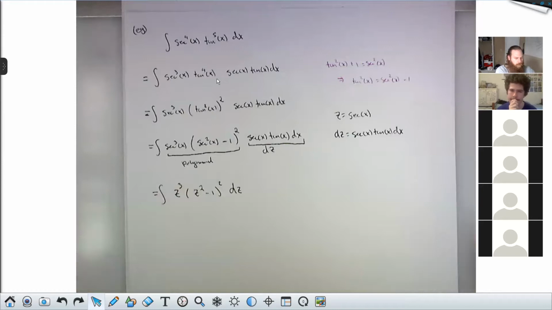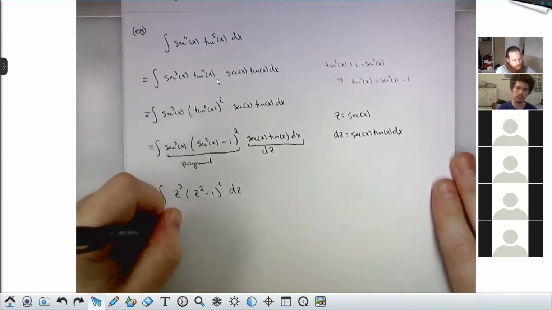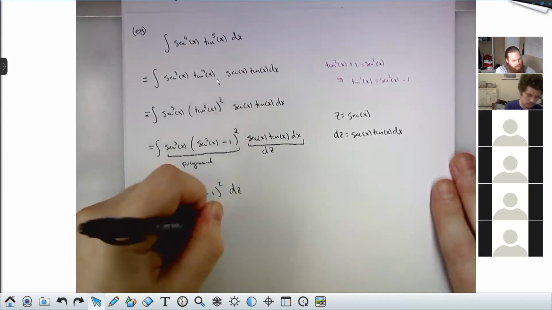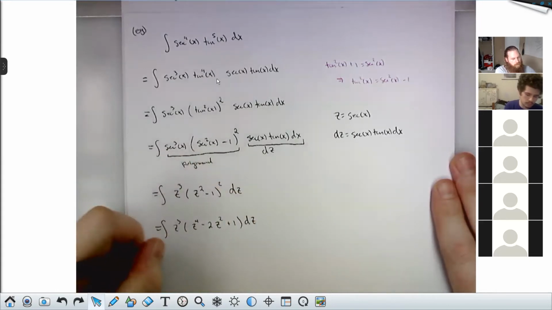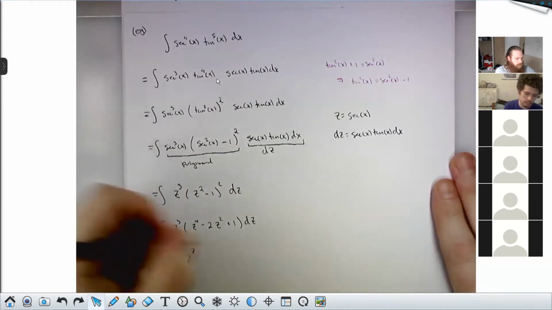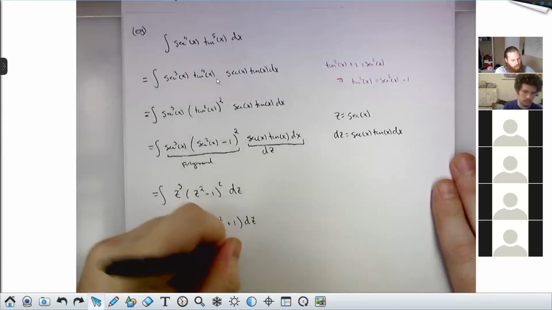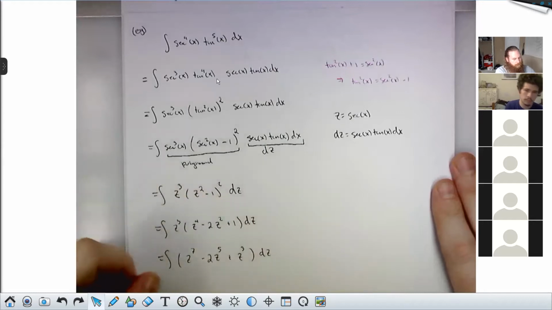And now the same sort of thing. We'll FOIL this out, distribute the z cubed. That's z to the 4 minus 2z squared plus 1. So the polynomial you integrate is z to the 7 minus 2z to the 5 plus z to the 3 dz.